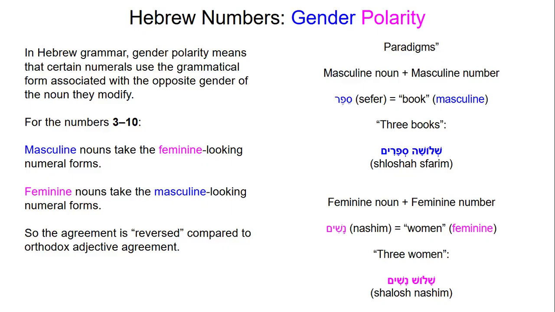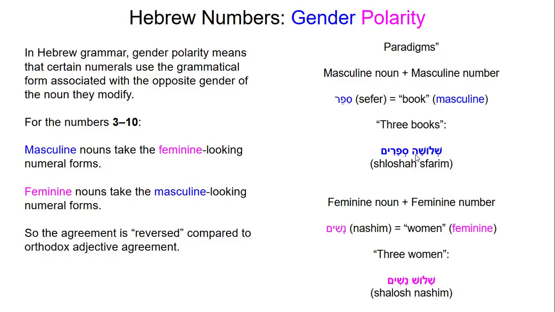Now notice, Shalosha, aesthetically, is the masculine iteration of the number 3 in Hebrew. But it looks feminine because almost always in the Hebrew language, words that end with either a tav or a hey are feminine.